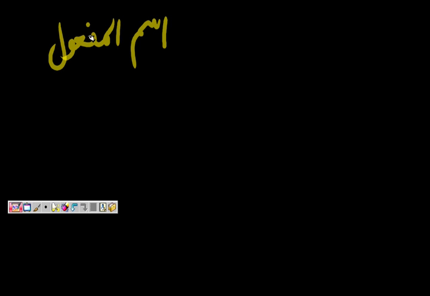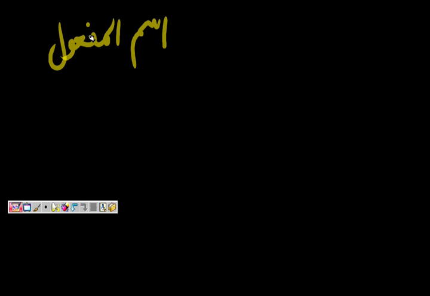So if you look at the examples, mashkur, the one who is given thanks. Shakara is a transitive verb, that's why we can say shakir, the thanksgiver, and mashkur, the thanksgiven. Mawjood comes from the word wajada. Wajada is a transitive verb, to find.